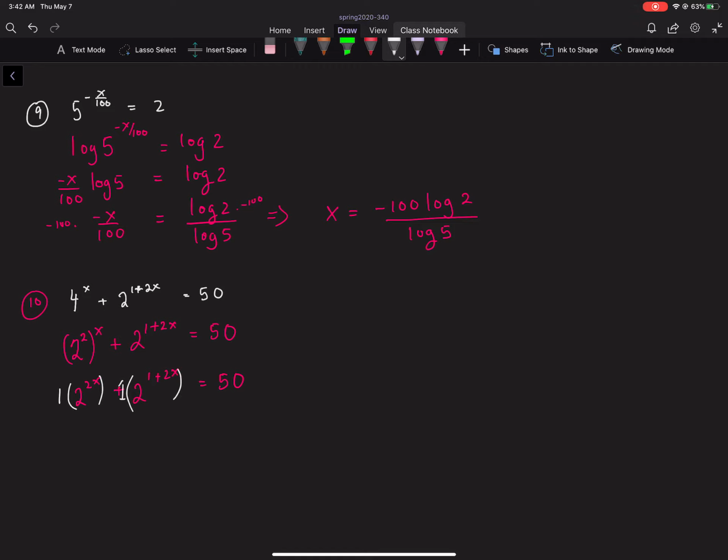So it's the same base that I'm trying to add, meaning that if I add 1 plus 1, what do I get? So I'm going to get 2.